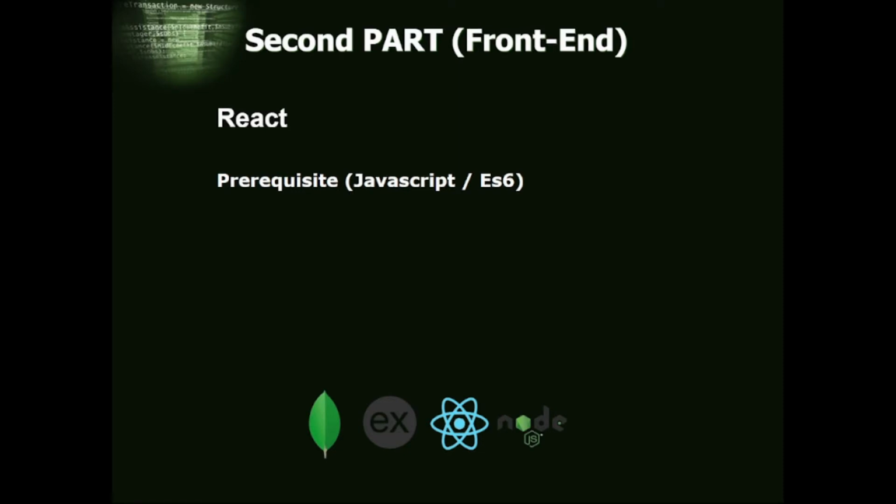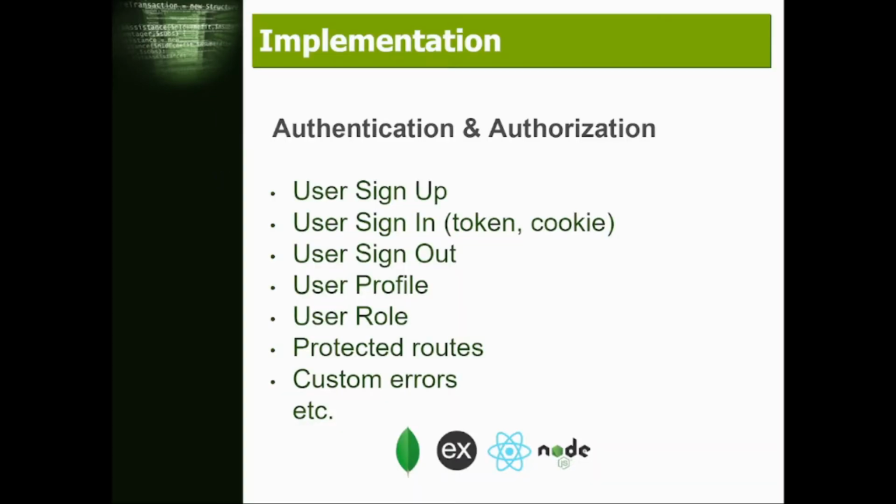And as prerequisite, you need to know a little bit of JavaScript, the ES6 version. So you don't need to be an expert to follow along, but if you know a little bit of JavaScript, it will be fine, but we'll start from scratch.